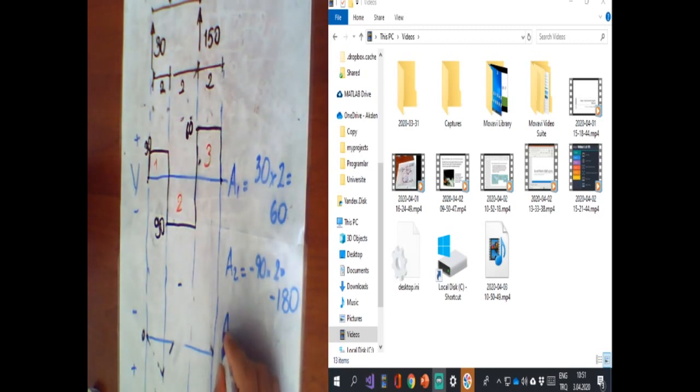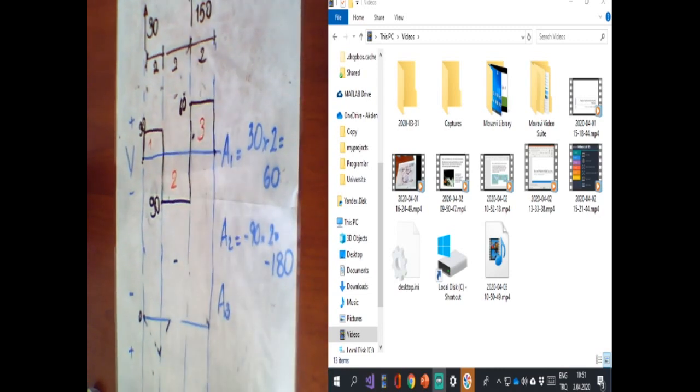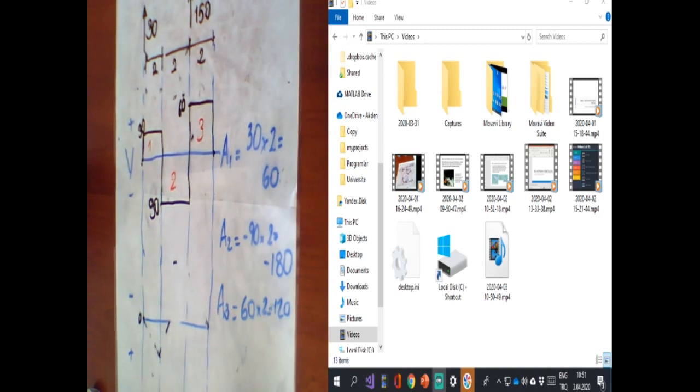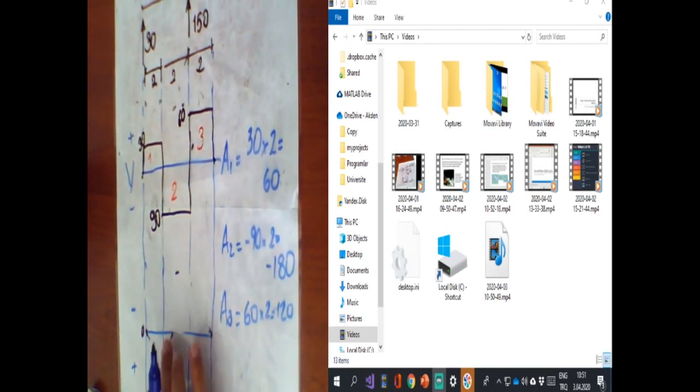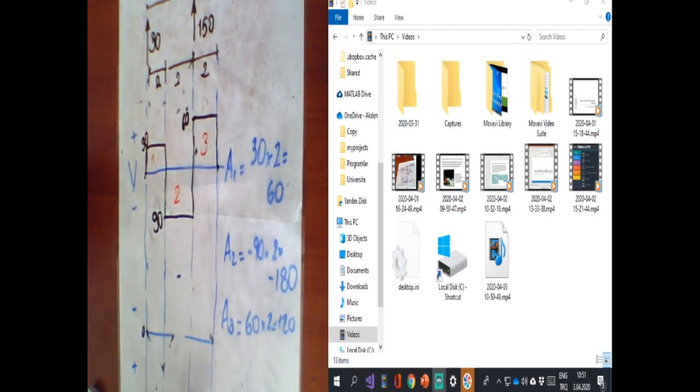And the third area is A3, and 60 times 2 is equal to 120. Now I want to start drawing the moment diagram. And like the shear force diagram, we will start with 0.